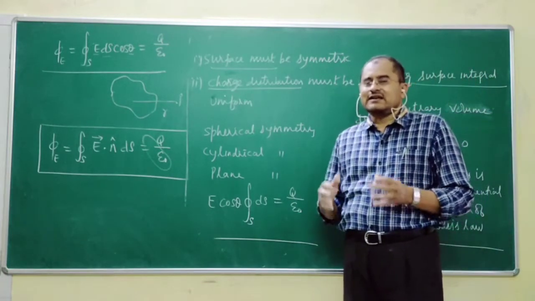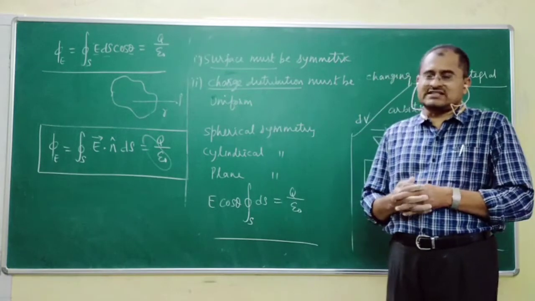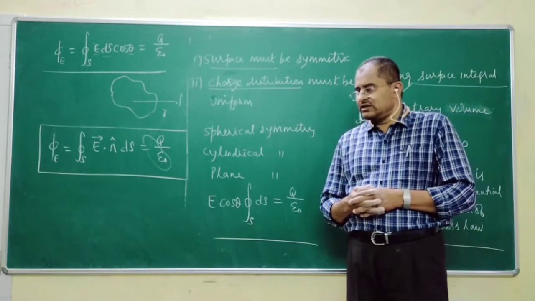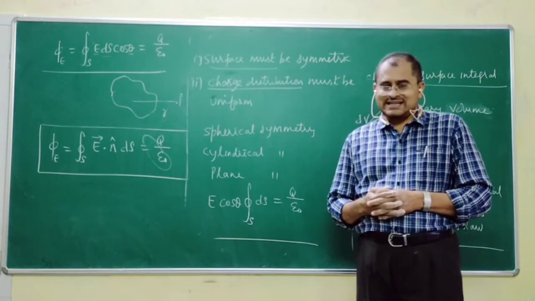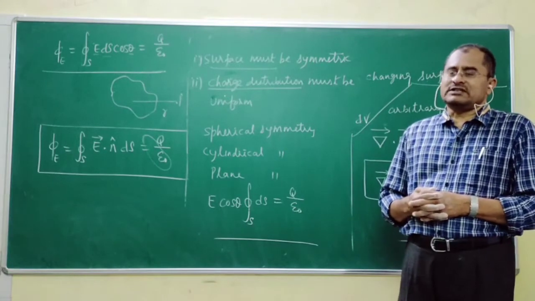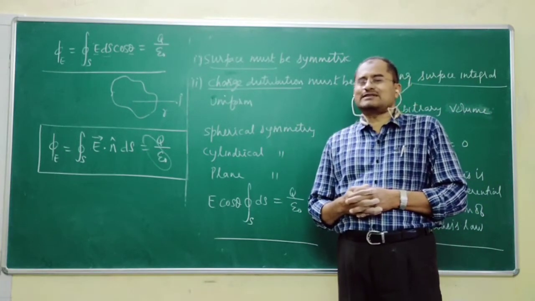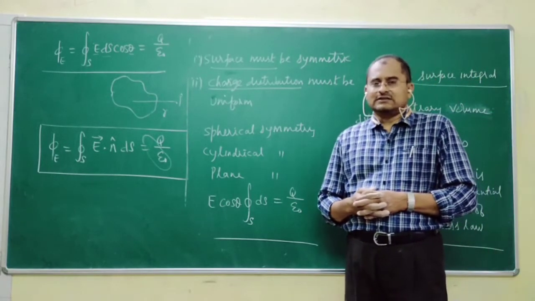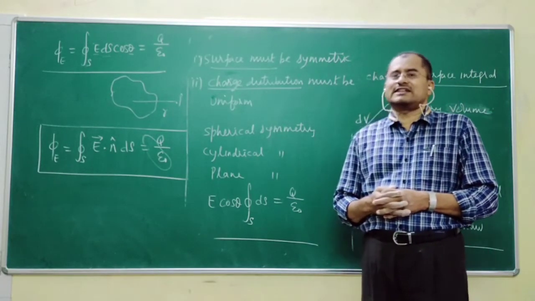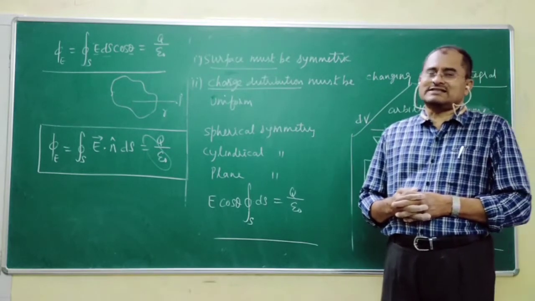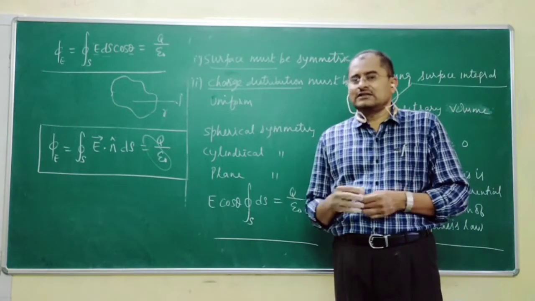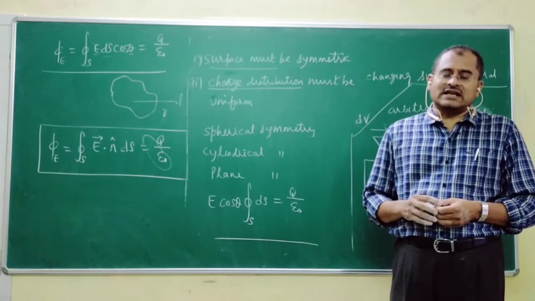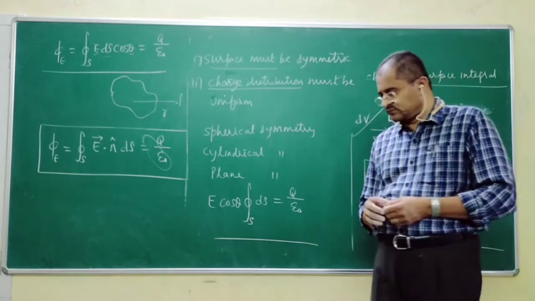We will see a few applications of Gauss's law, and then we are left with deriving Coulomb's law from Gauss's law, and one more topic, Poisson's and Laplace's equations. We finish these things, and that will bring us to the end of unit 1 of electricity and electromagnetism.